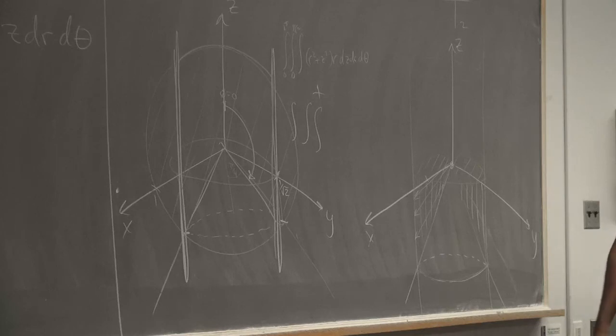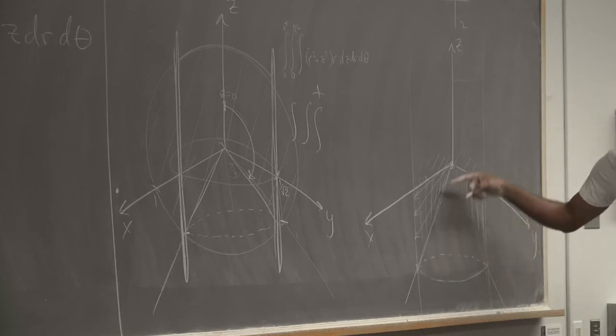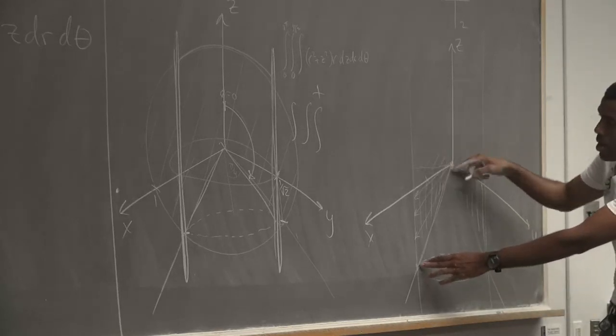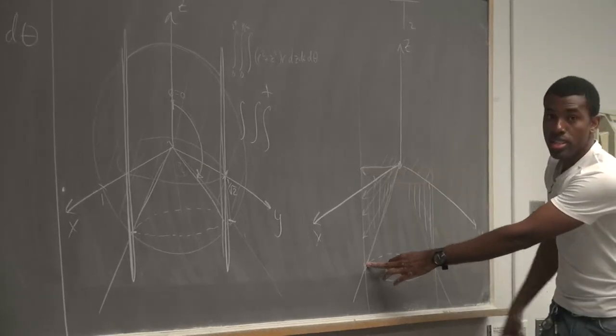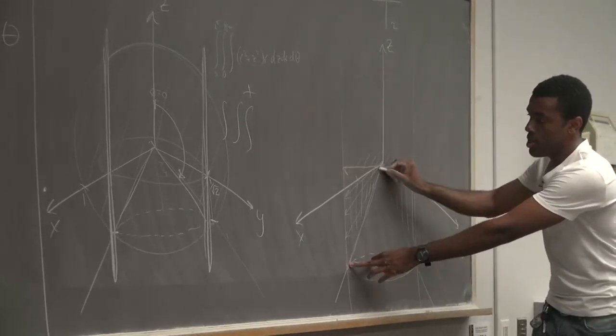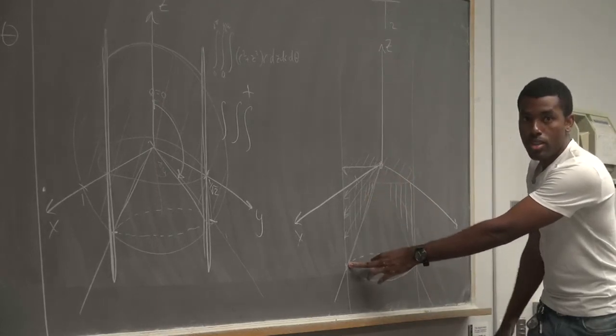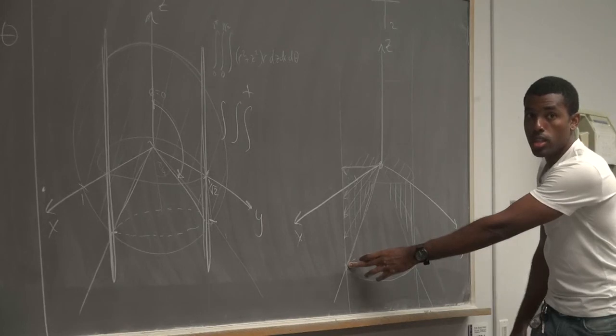It wouldn't be a constant anymore. Because to get to the lowest part here, you're along the hypotenuse of a right triangle. By the time you end up here, you're along the base of a right triangle, and there's no telling that they're the same. And of course, if you're in the middle, neither of those lengths would work. So your rho is actually a function here.